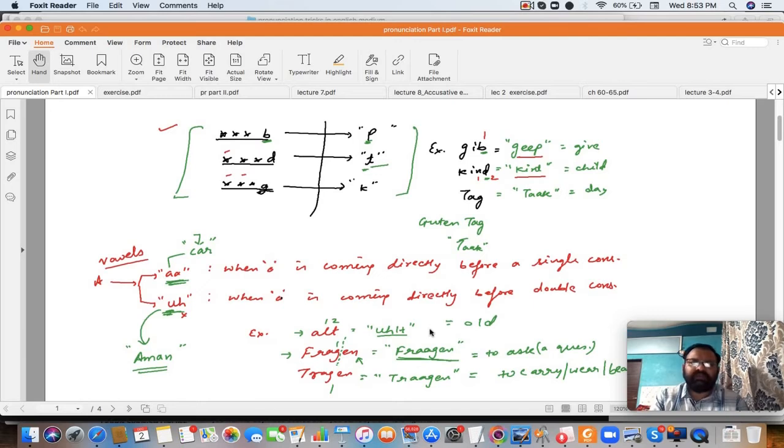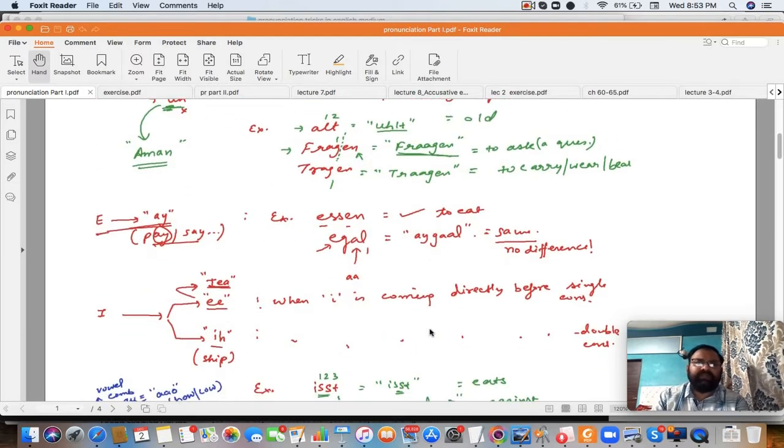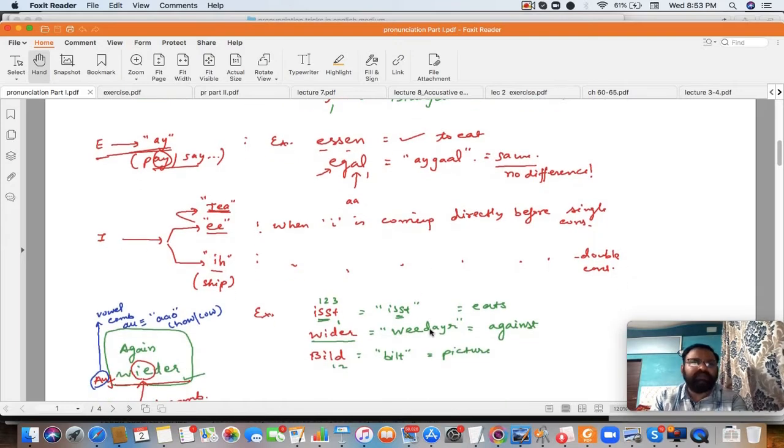Equal, it's pronounced as equal, right? Egal. E is having the A sound and A will have the A sound. Egal. They will become E and E.